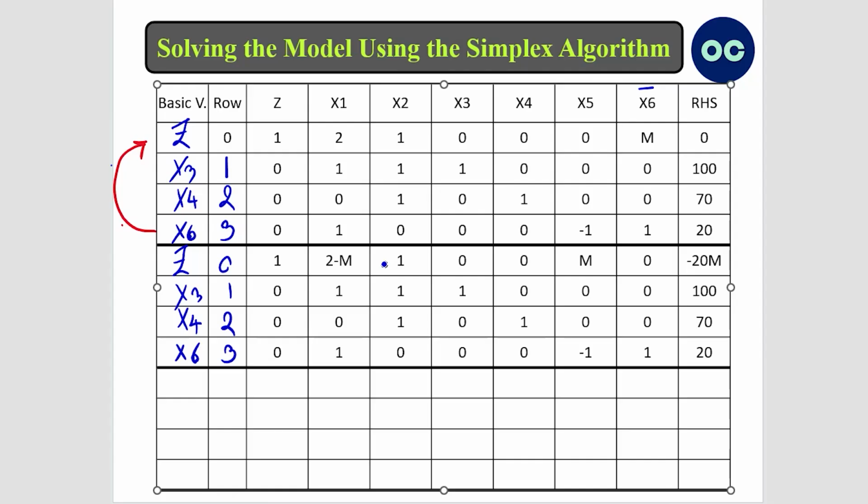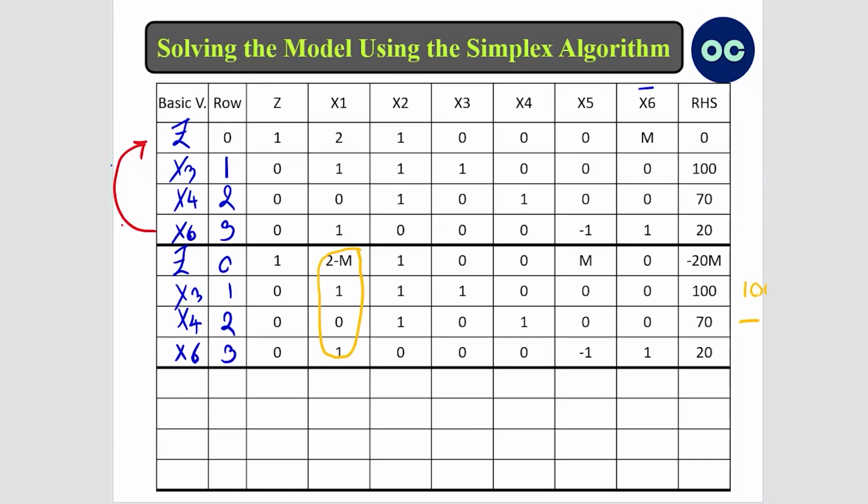We choose the most negative coefficient as the entering variable, which is x1. To select the leaving variable, we use the ratio test. Divide the right-hand side by the positive values of the x1 column. 100 divided by 1 is 100.